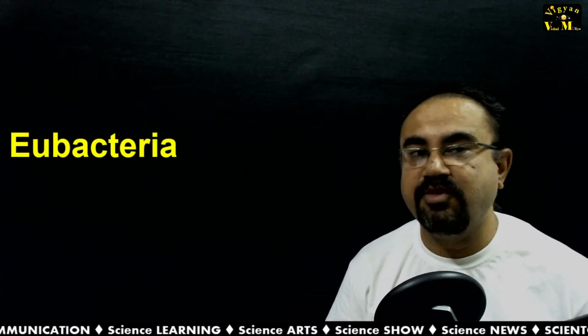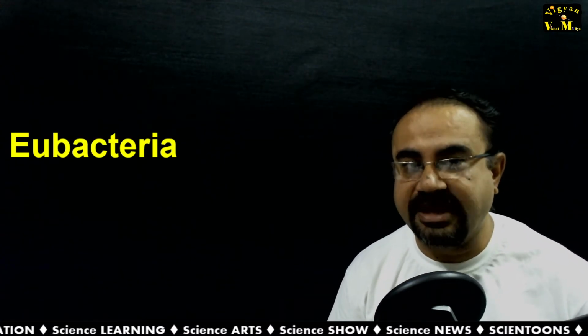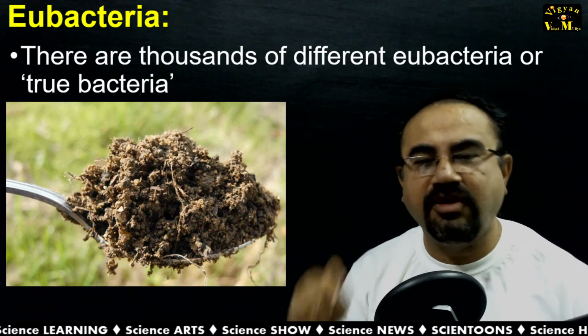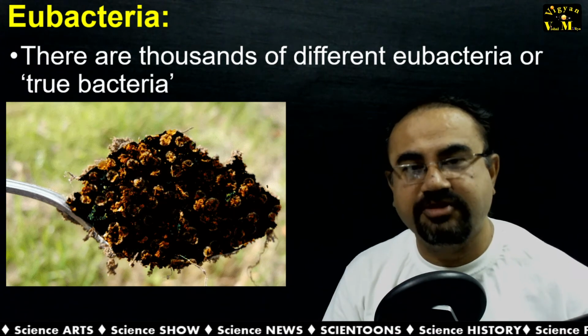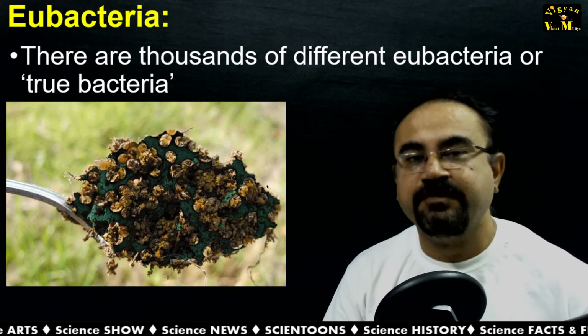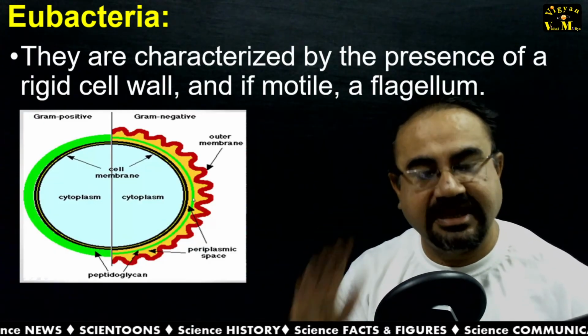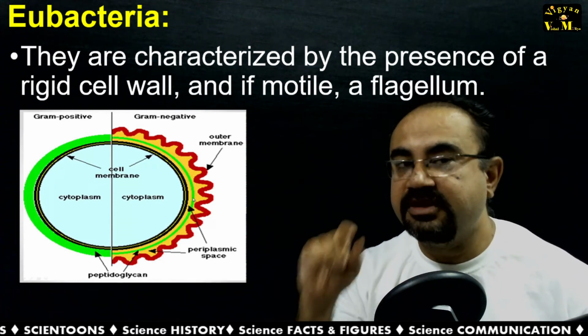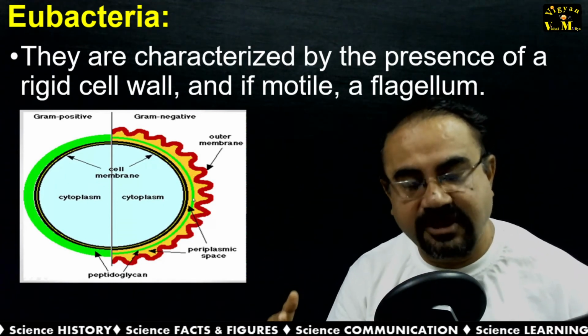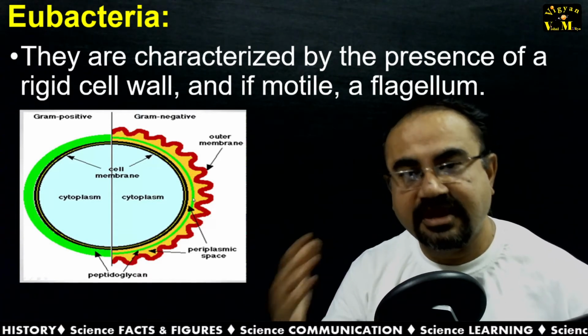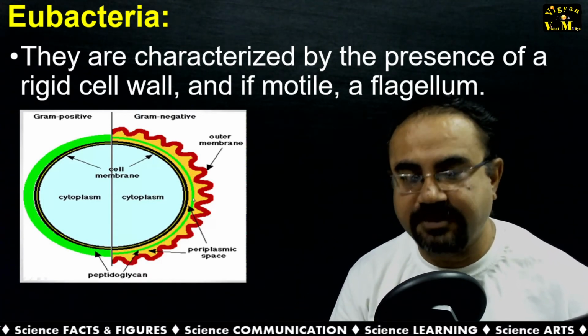The next we are moving toward is Eubacteria. There are thousands of different species of Eubacteria, which we are calling true bacteria. These true bacteria are characterized by the presence of a rigid cell wall, and if they are motile, their flagella is useful for classification and identification purposes.